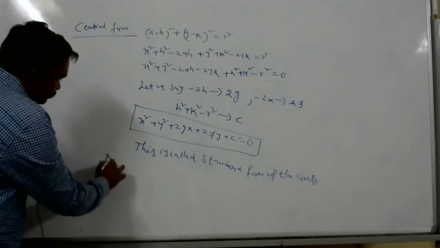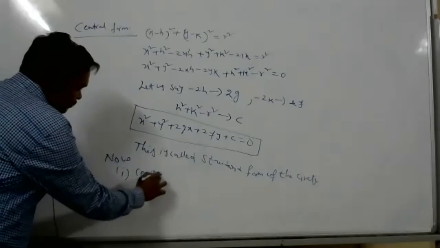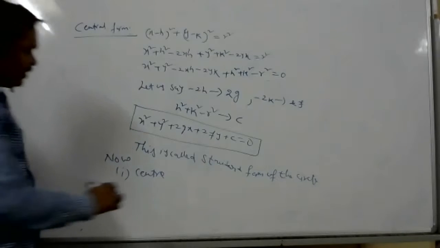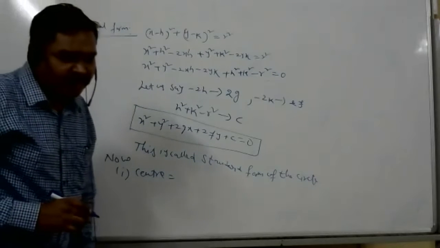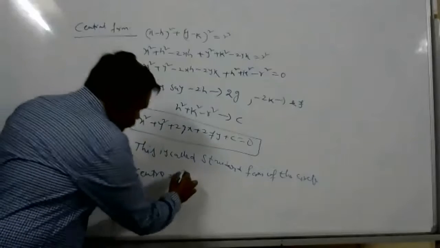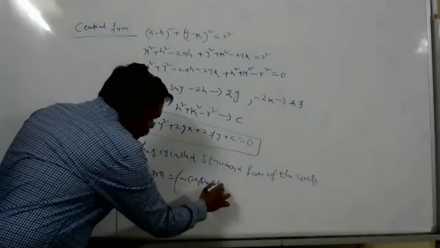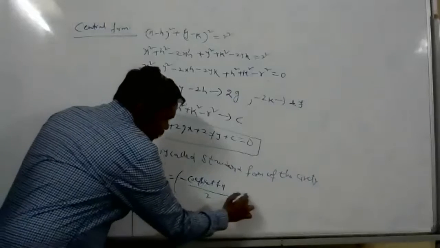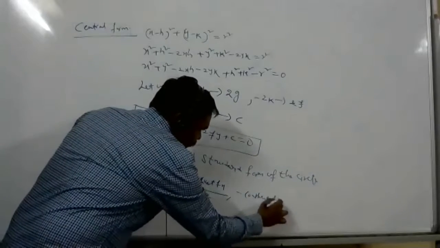Now, first one, center. Center is equal to minus coefficient of x upon 2, and minus coefficient of y upon 2.